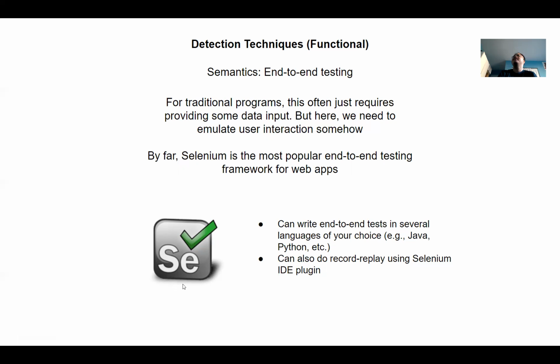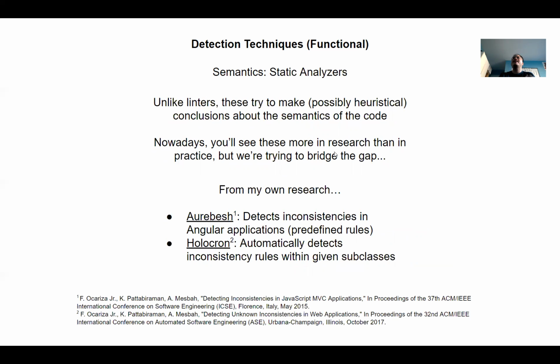All right, and then the other, more research-based option for functional detection is using static analyzers. Unlike linters, these actually try to analyze your code and make conclusions about its semantics. Linters are more about the syntax, but static analyzers analyze the code statically to figure out what the semantics are.